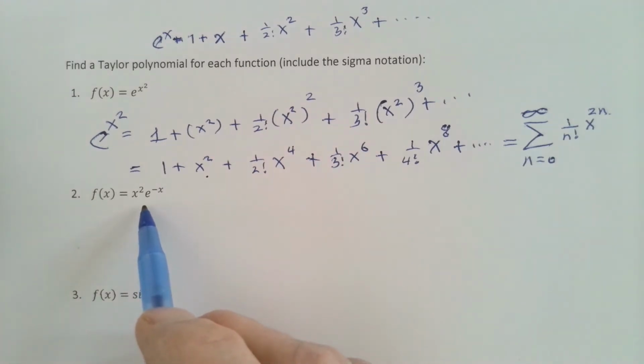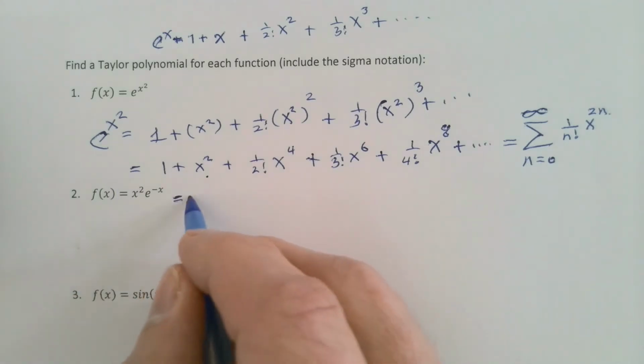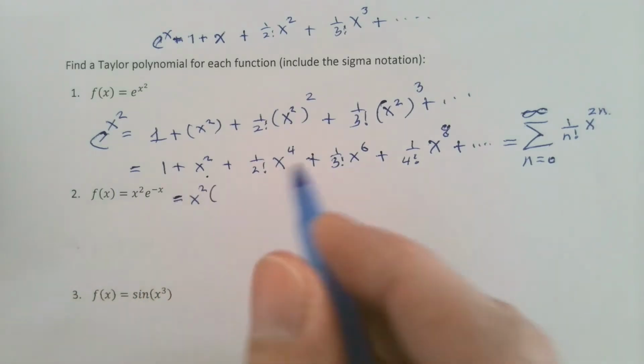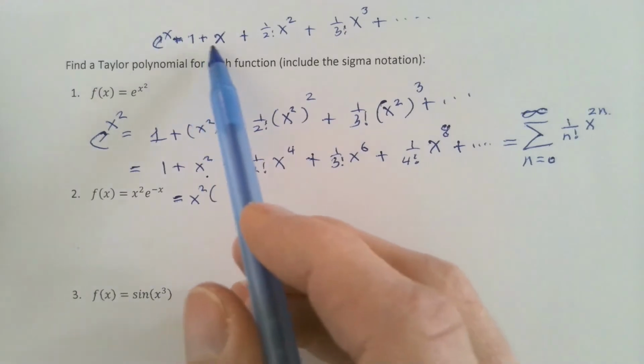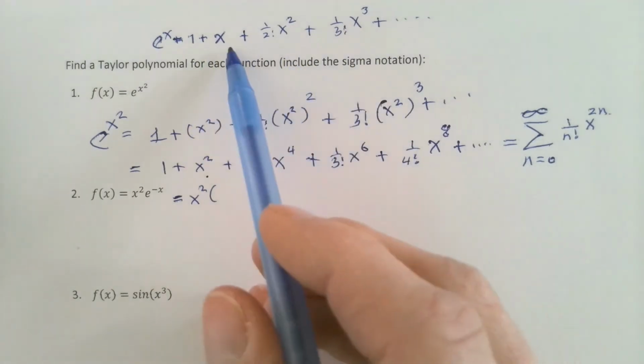Now, this next problem asks us to make a Taylor polynomial for x squared times e to the negative x. So you might do this in a couple steps here. First of all, e to the negative x would look like this, except that everywhere there's an x, you'd have a negative x.